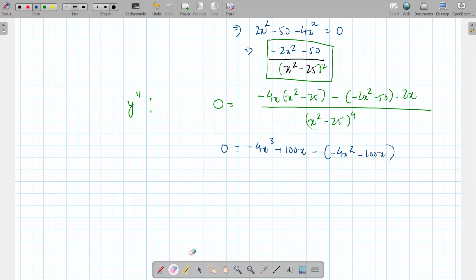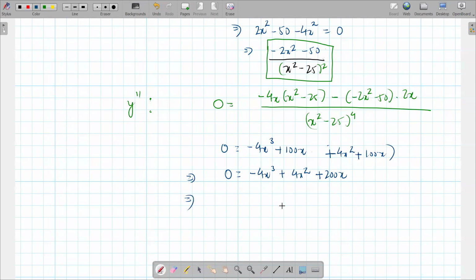And when you open this, this becomes a plus 4x squared plus 100x. So this is negative 4x cubed plus 4x squared plus 4x squared plus 200x equals 0, like that.